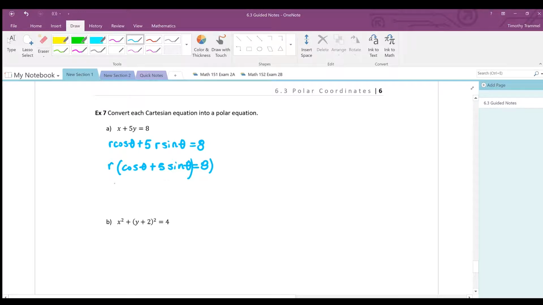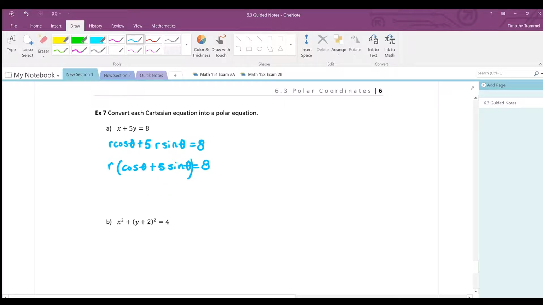If we were to distribute our r back through, we'd end up with what we started with. Okay. So this looks good then.